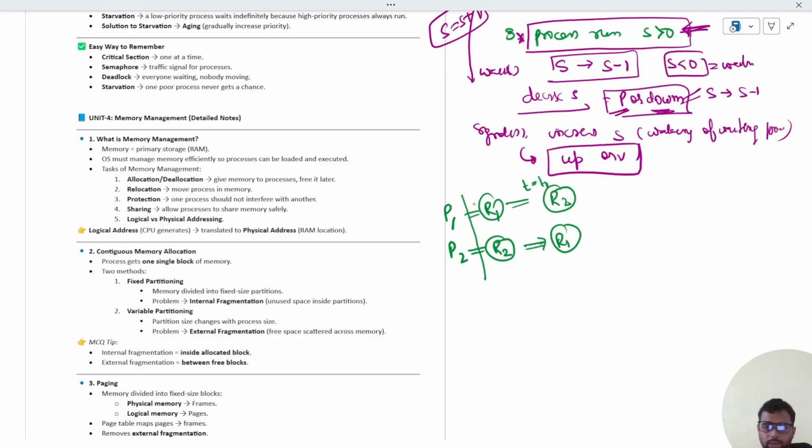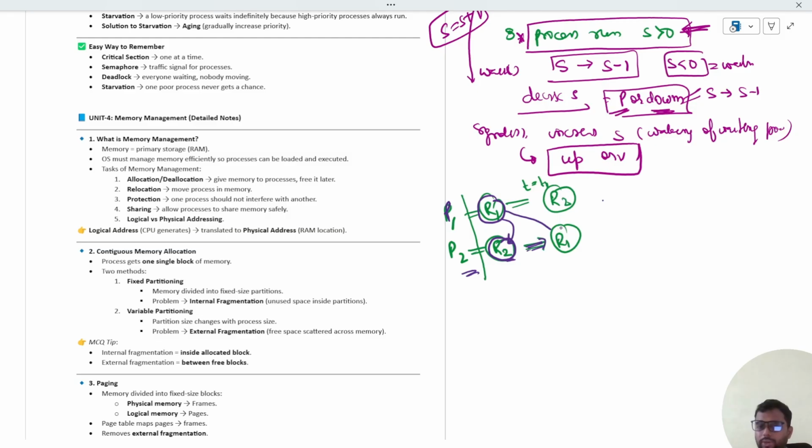Good, that could be a possible scenario. If process P1 already has R1 and now requires R2, and R2 is already held by P2, then R2 cannot be free because P2 is holding it, and P2 will not release it until it completes its execution.